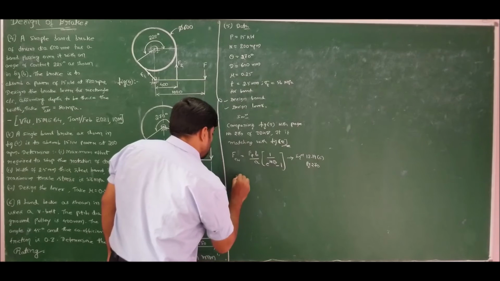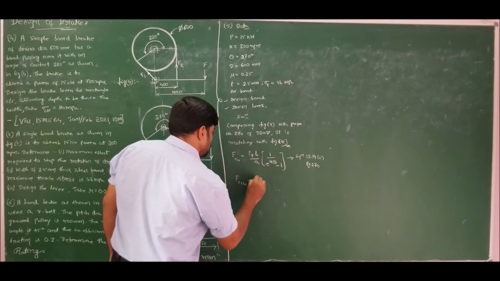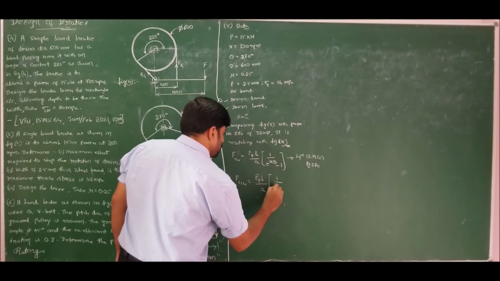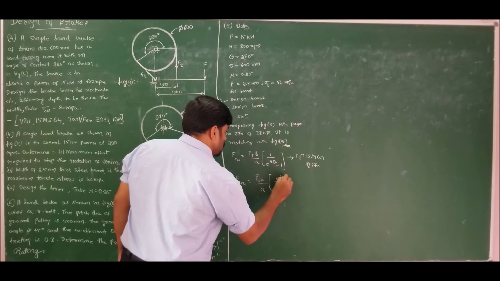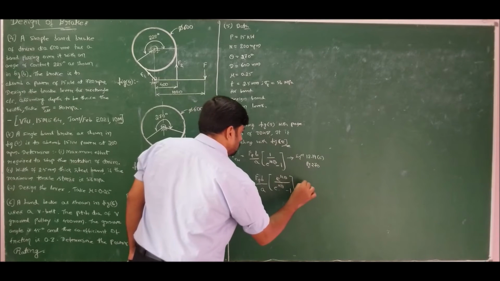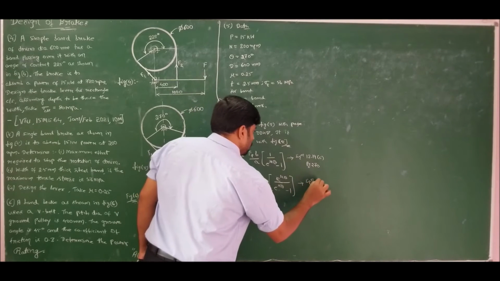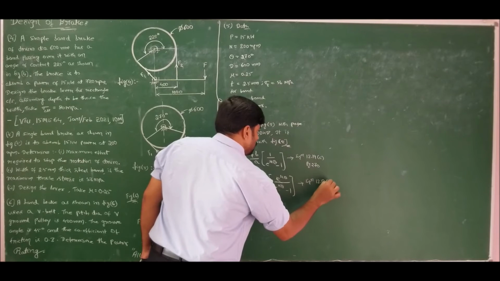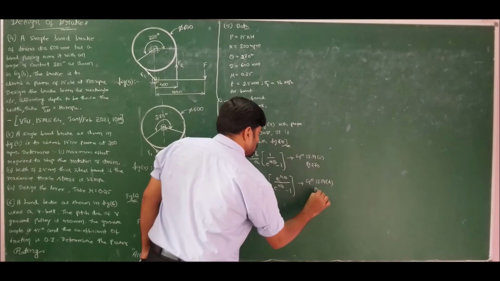And for counterclockwise rotation, it is Ft into b by a times e to the power of mu theta by e to the power of mu theta minus 1. This is equation 13.19b, page number 270.